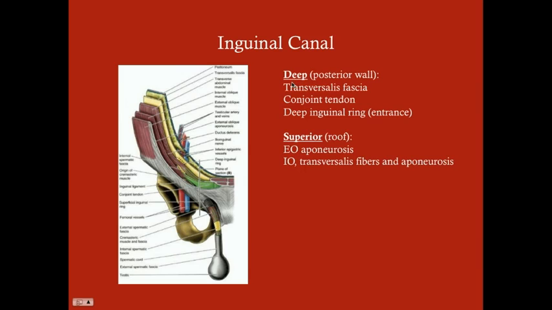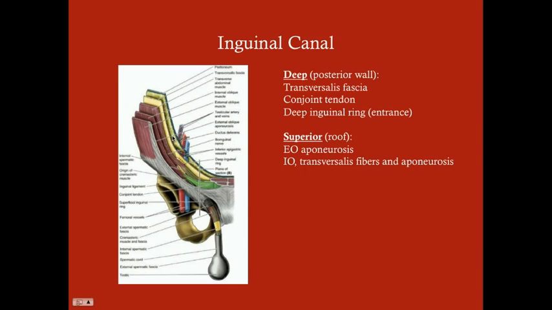So the deep part of the inguinal canal is made up of the deep inguinal ring, which of course is the entrance, the conjoint tendon, which is a tendon that connects two of the muscle layer sheaths and transmits it over to the pubic symphysis, I believe. And then the transversalis fascia.